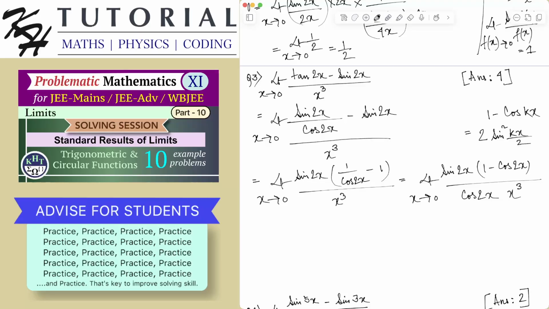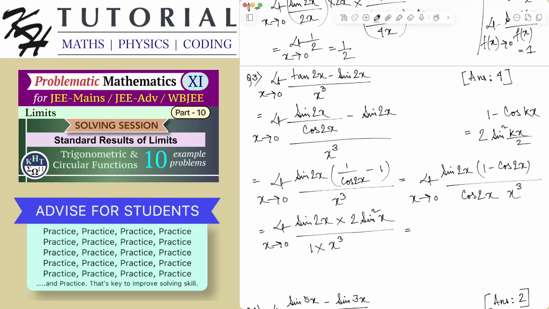Okay, so now this becomes limit x tending to 0, we have sine 2x, and 1 minus cos 2x is 2 sine square x, and we have cos 2x, which when x tends to 0 will be 1, so we need not write it, so we have 1 multiplied by x cube.